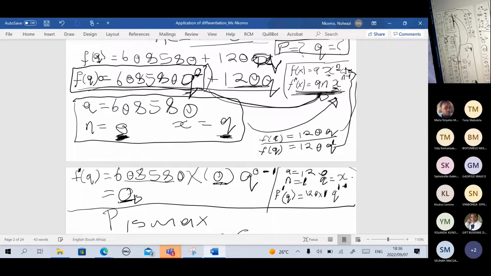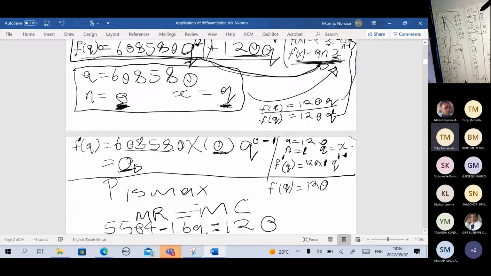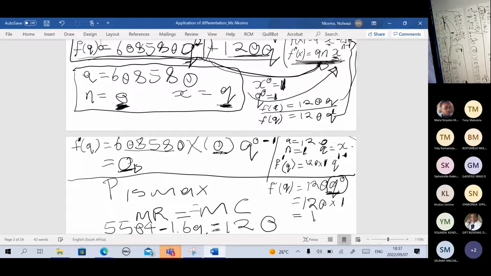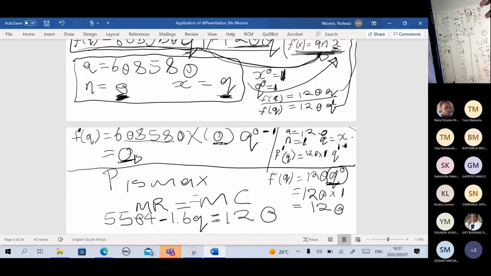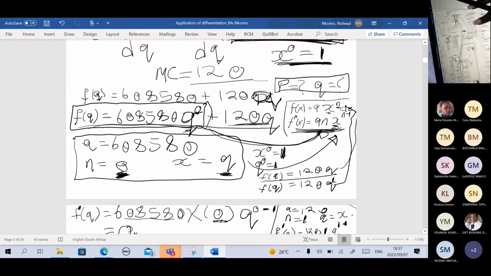So f prime of q is 120 times 1, which is 120, times q to the power 1 minus 1, which is 0. And we said x to the power 0 is 1, so q to the power 0 is also 1. Where there is q to the power 0, we can substitute 1. So this becomes 120 times 1, which is just 120. And that's how we found this 120.